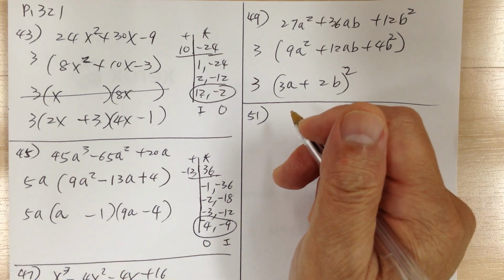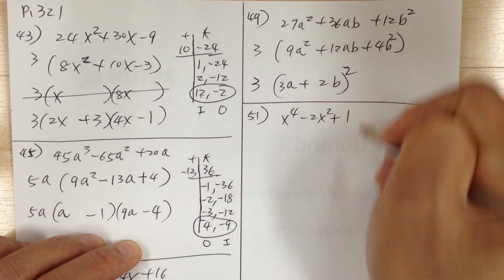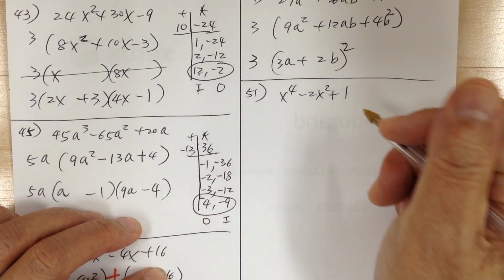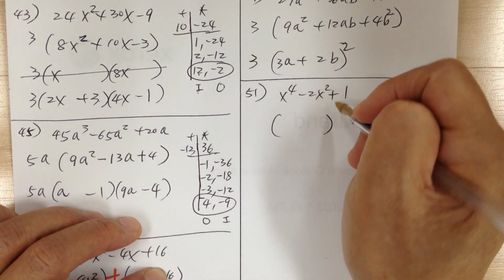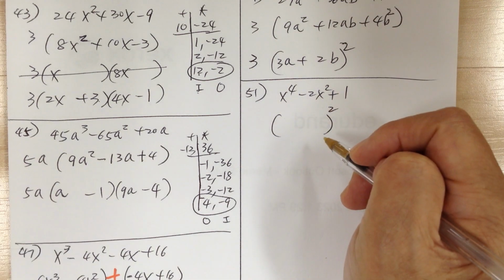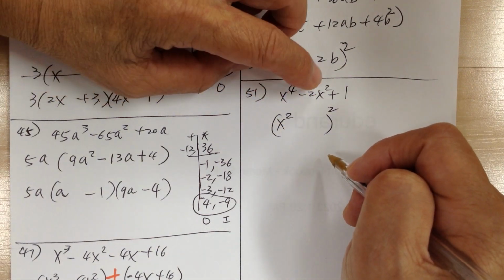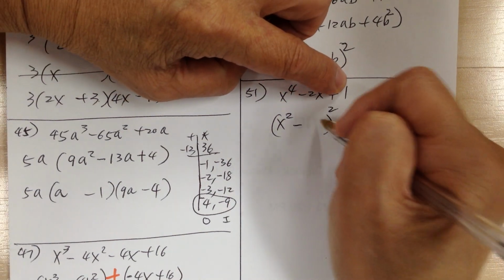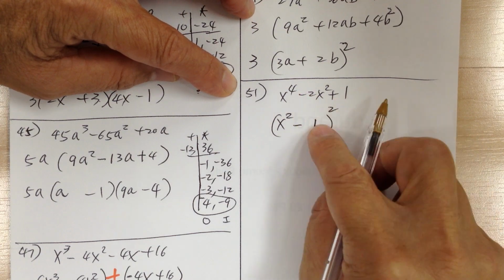Number 51. You have x to the 4 minus 2x squared plus 1. So step 1 cannot. Step 2, this is going to be step 2b. So try that. To get that, I need x squared, and minus, and this is 1. Then double check: negative, 2 times 1 is 2, so good.